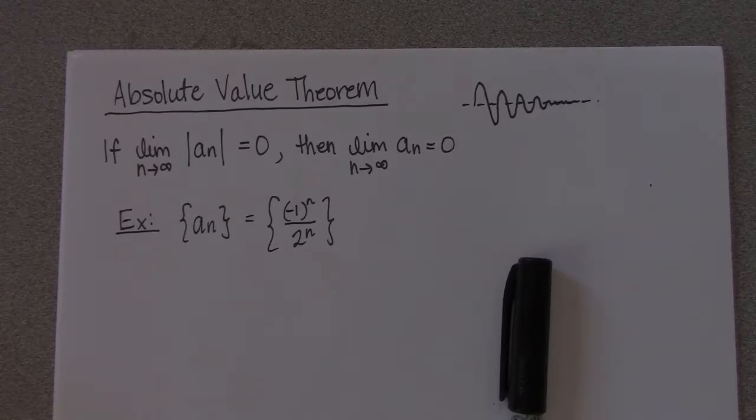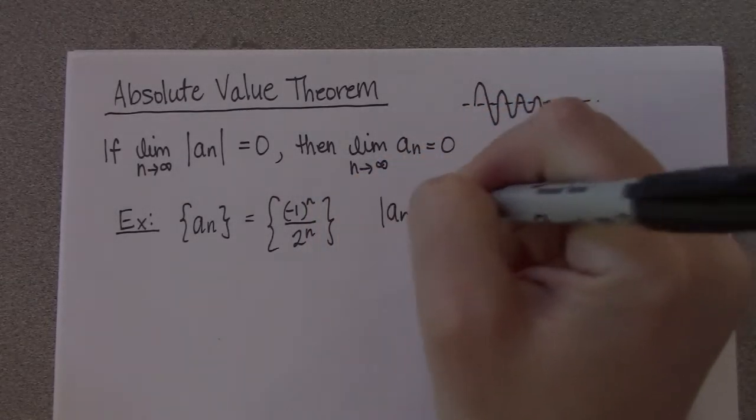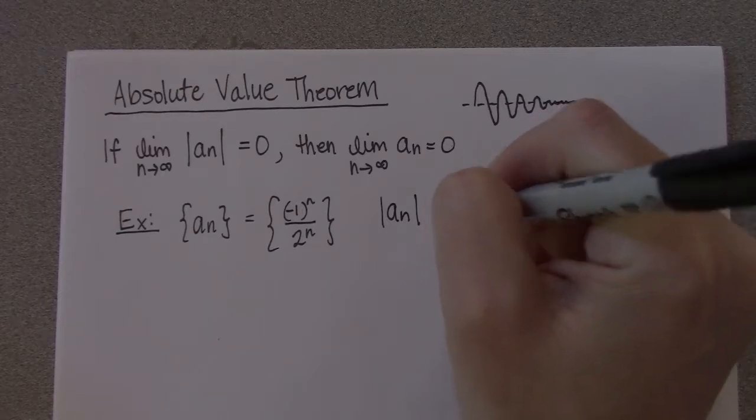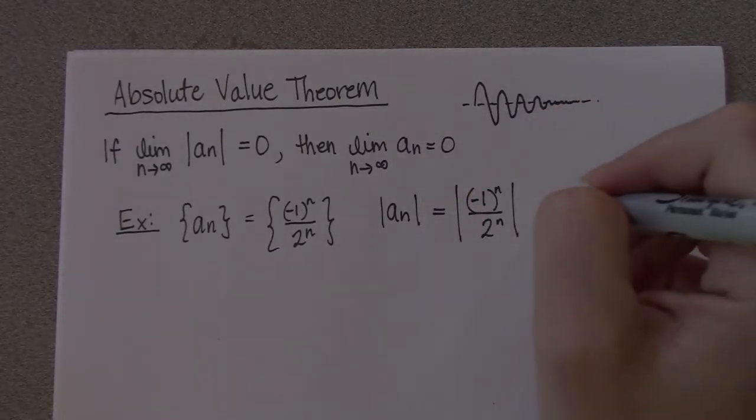All right, so we know the limit of this is 0, right? We know, because it's a constant. We actually used the squeeze theorem and looked at it, right? We can squeeze it between -1 over 2^n and 1 over 2^n. But another way we can look at this, we can just apply the absolute value theorem, right? So the absolute value of a sub n, right, is just the absolute value of (-1)^n over 2^n.